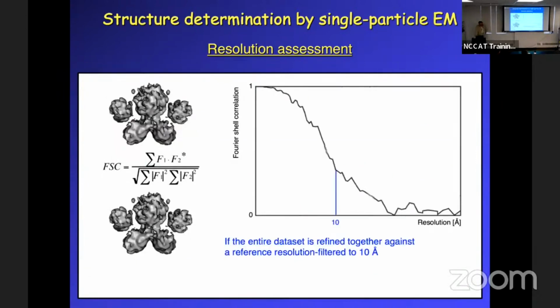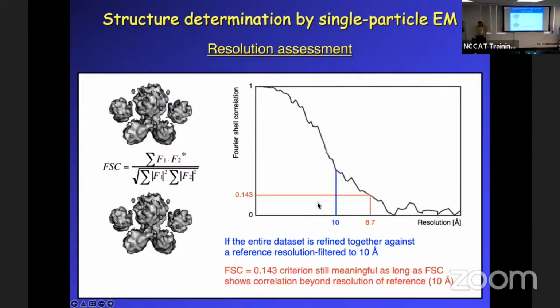The reason why I think it's not so hard, so black and white, is when you have a reference that you align your particles to, and you filter your reference to 10 angstrom. And then if you use your 0.143 criterion and you actually still get information here, if you still get signal here, this cannot be influenced by the reference because the reference has no further information beyond 10 angstrom.